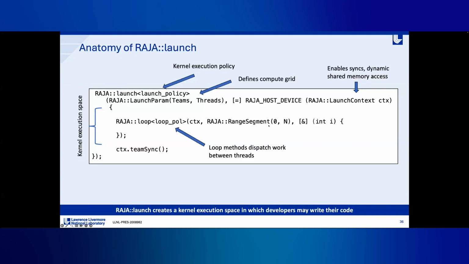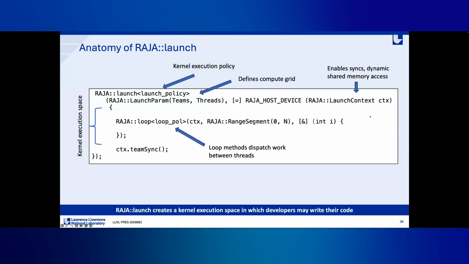We're going to have this outermost lambda, which is going to capture things using copy capture, and we're going to mark it as host device. We mark it host device because this is equivalent to a CUDA kernel, which you would mark __global__ if you're familiar with CUDA. We also pass as its only argument a Raja launch context type object.